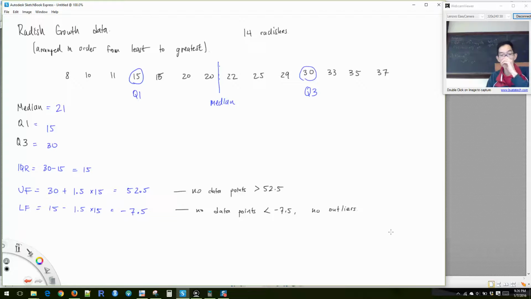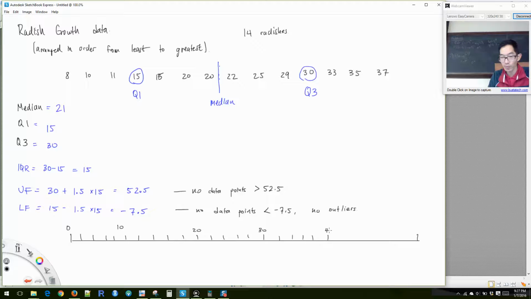So no outliers. When I draw my box plot, I'm going to have to draw a number line here. We'll start at 0, 1, 2, 3, 4, 5. This is not going to work. 10, 2, 4, 6, 8, 20, 2, 4, 6, 8, 30, 2, 4, 6, 8, 40.